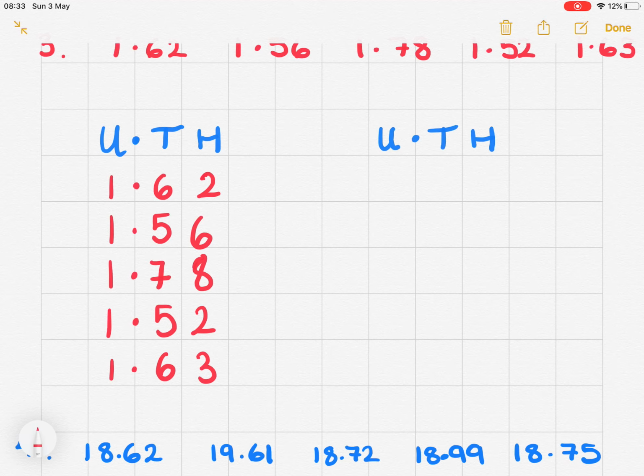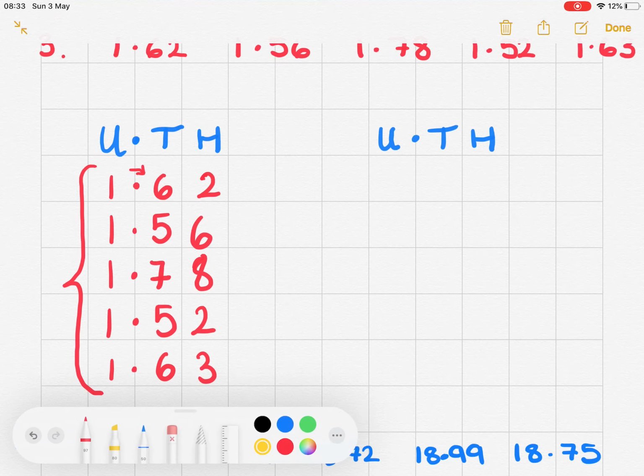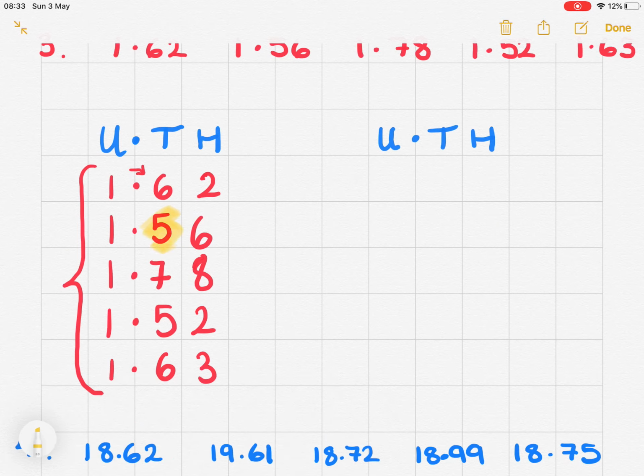Okay. If we look at our first column, then we can see that they're all 1s. So that tells us that we need to move into our second column and check those values there. Okay. So we've got 6, 5, 7, 5, 6. The smallest value there is 5. Here and here.